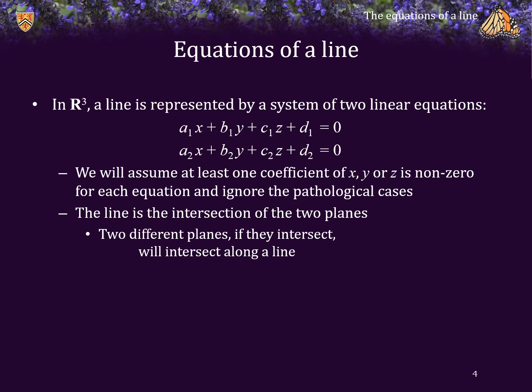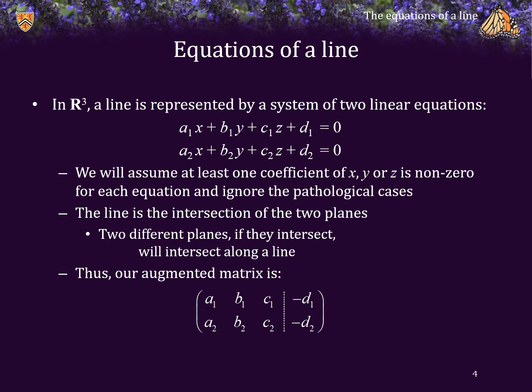So again, if we have two non-parallel planes, if they intersect, they must intersect along a line. Consequently, the above two planes define a system of linear equations, and the augmented matrix corresponding to those two planes is what we see here.